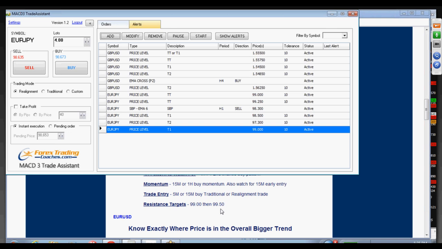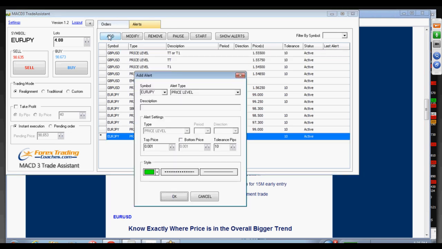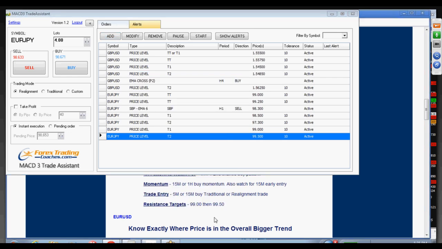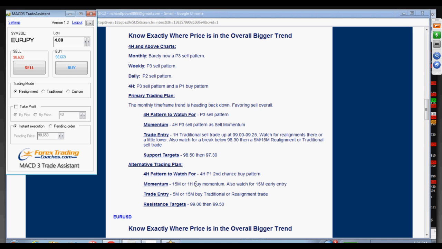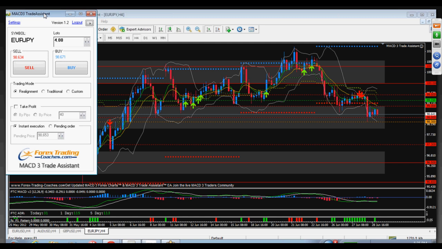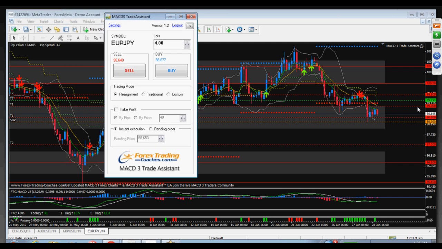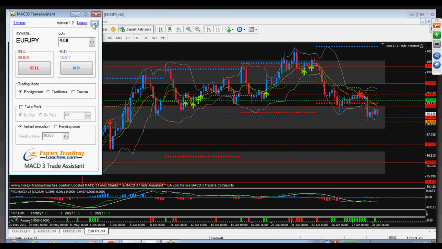And then my second one is 99.50. I put in T2, change it to red, and type in 99.50. So I've got my second one there. I double check. And as you can see, I've got my T1 and T2s going the other way, going for the buy trades on the EJ.